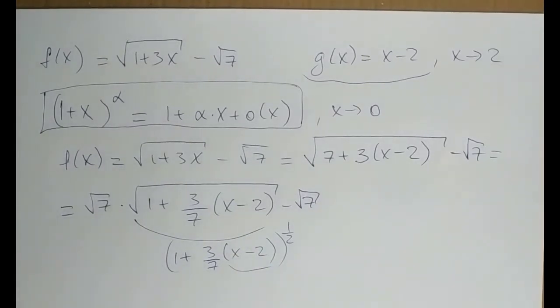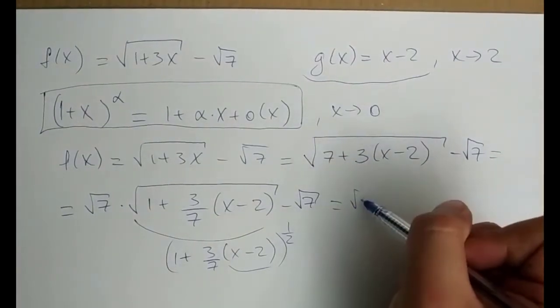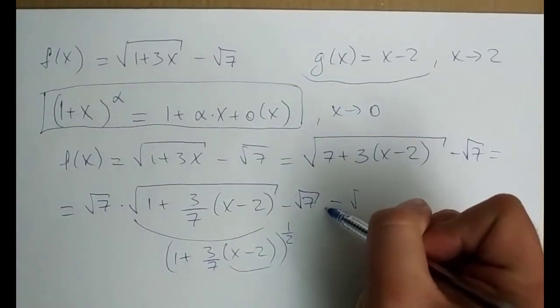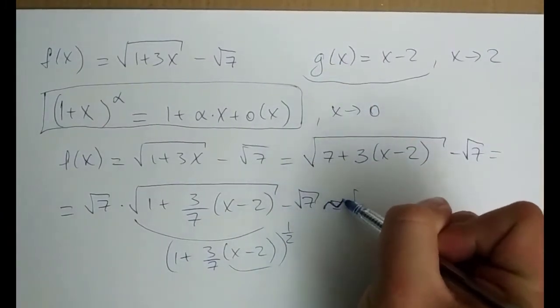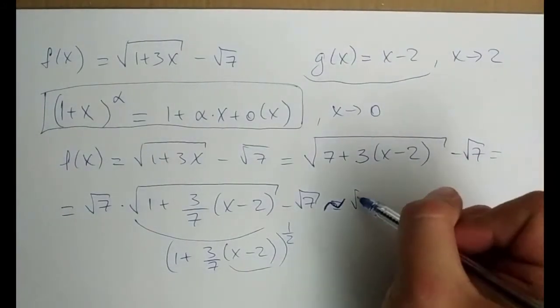So we get the next one. If we continue, square root of 7, or we can write without this small o as equivalent. It gives us equivalency, and square root of 7.